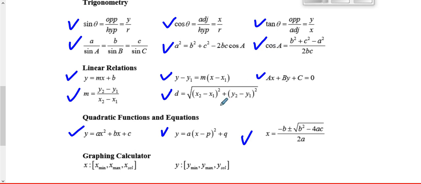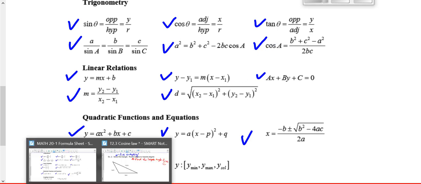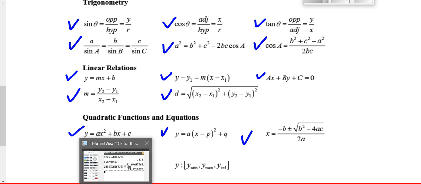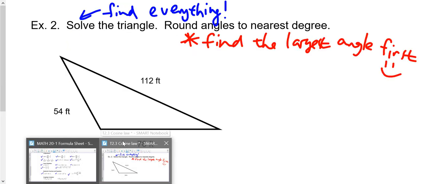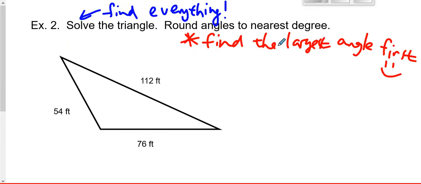Okay, so this one here, let's do this. If I'm trying to find this angle using that form of the cosine law, I better call this A. This is my angle A. Where's my angle B and C?